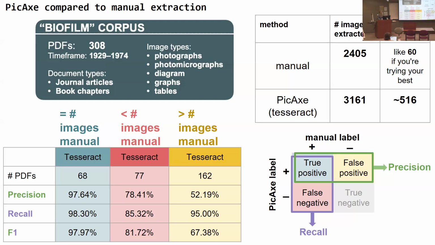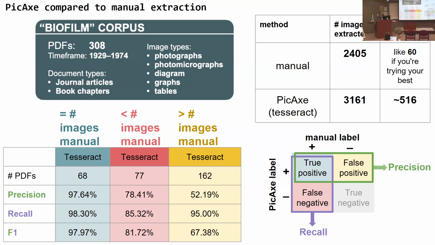Before we had run these tests, my worry was that it would miss a bunch of stuff, and that wasn't as much of the case as I thought, so that was good. I guess everyone knows what precision and recall is, because I've seen it so many times this week, but I had not personally looked at this concept before doing this project, so that table is mostly for me.